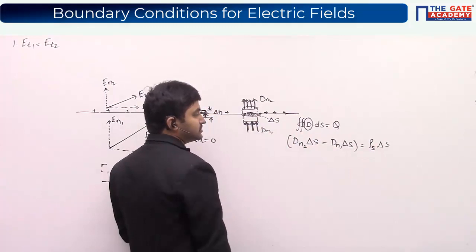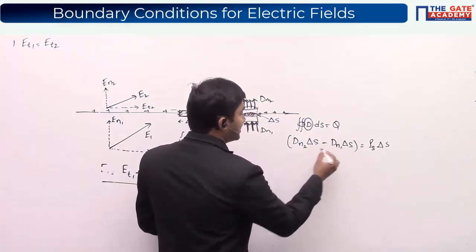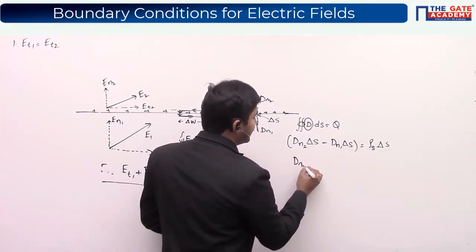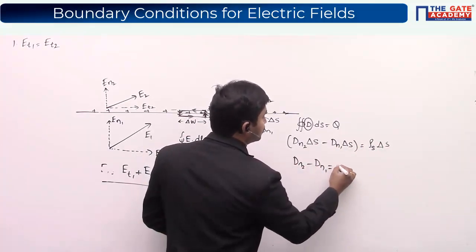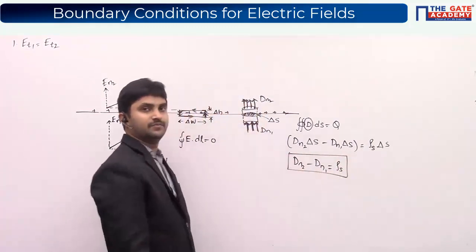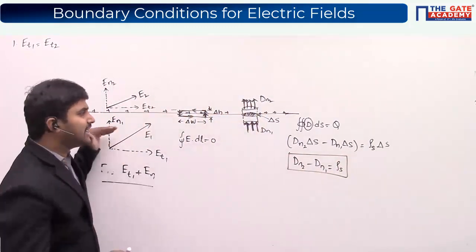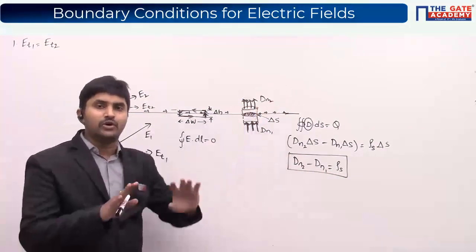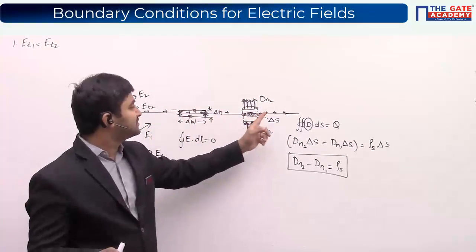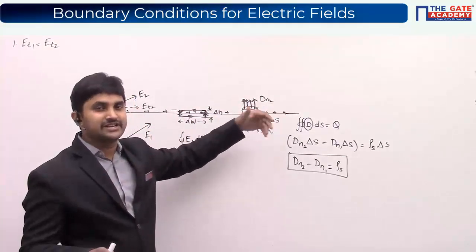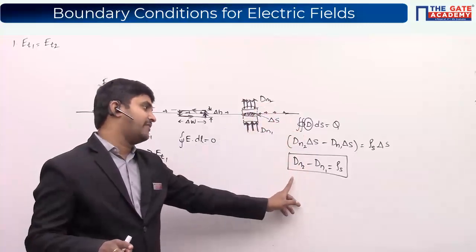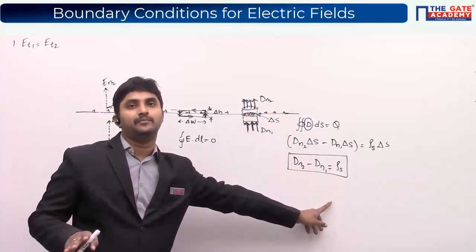I can consider del s as common and cancel it out on both sides. So I will have dn2 minus dn1 is equal to rho s. Now, if this interface is not charged at all, rho s becomes 0, and then dn2 is equal to dn1.